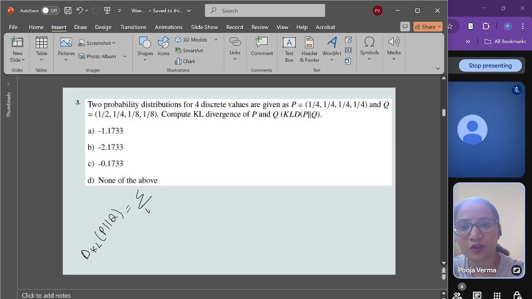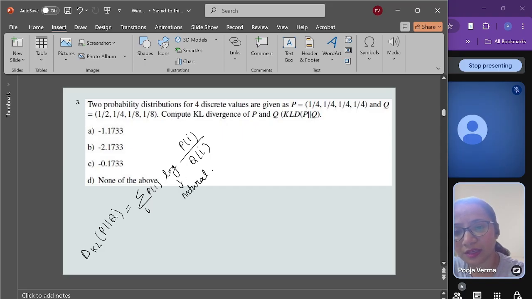They have four discrete values given. So sum of Pi log Pi divided by Qi. Here you can take it as a natural log.